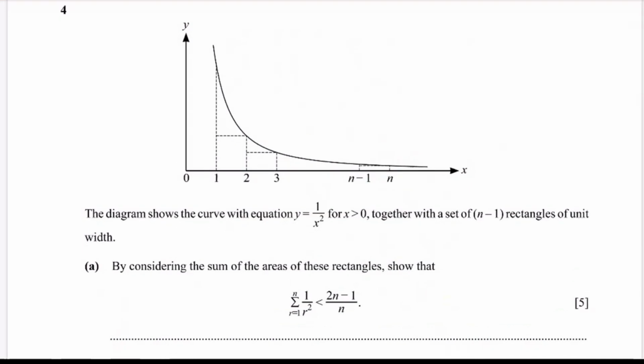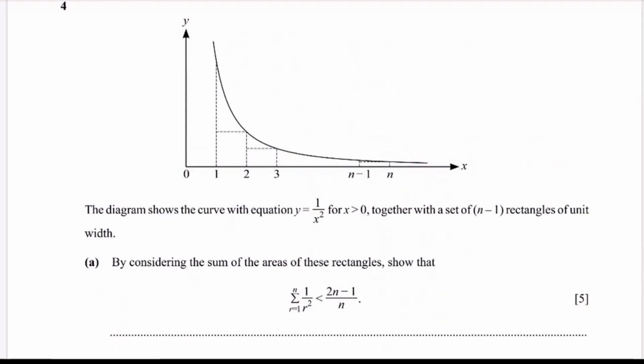Let's look at this one. So we have got the curve which is 1 over x squared, together with a set of the n minus 1 rectangles of unit width. So by considering the sum of areas of these rectangles, show that we have got this thing here. We are seeing a summation here already.